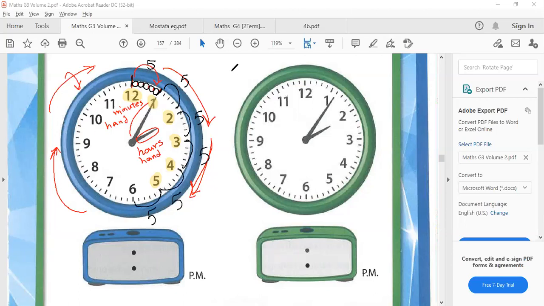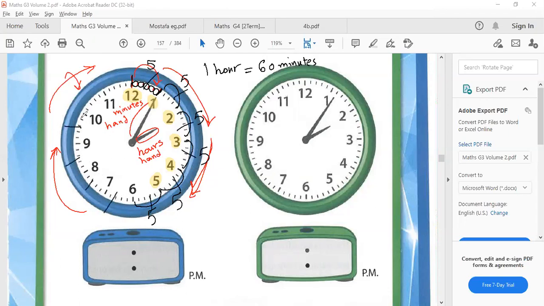So you know that in 1 hour, you have 60 minutes. So you have 5 twelve times. This is 1, 2, 3, 4, 5, 6, and another 6 here.